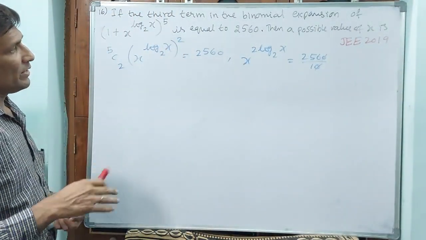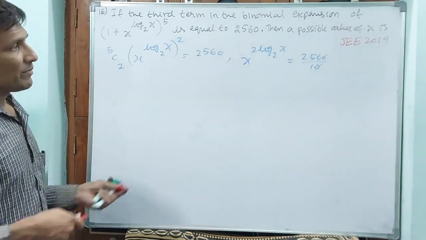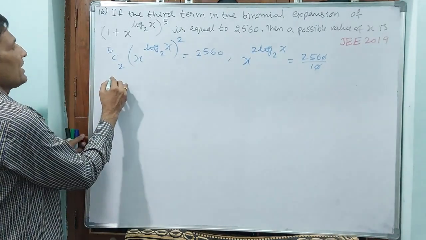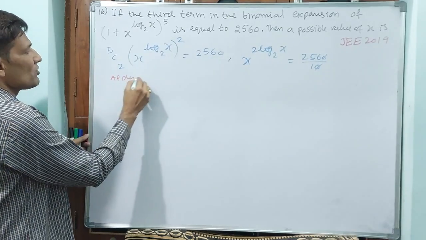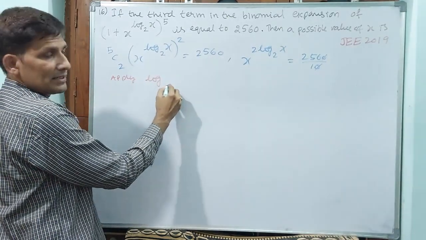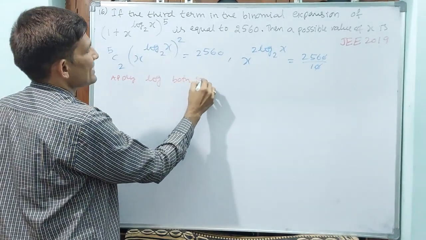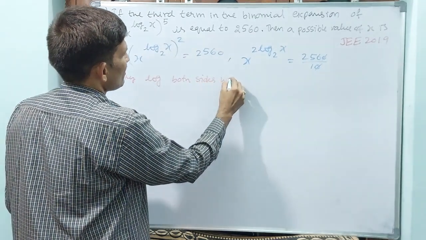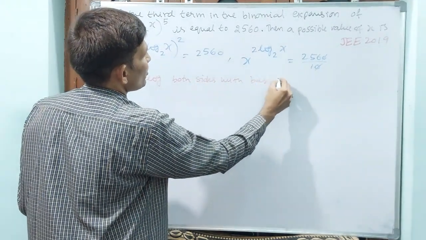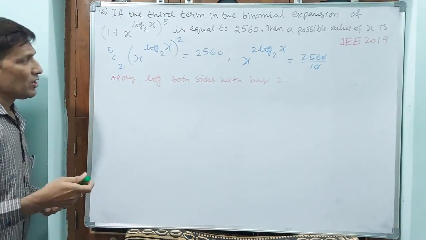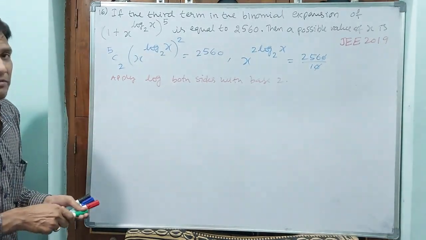Okay, now see what will happen here. Apply, see, this step is crucial. Apply log both sides with base 2. Okay, base also important. Apply log both sides with base 2.